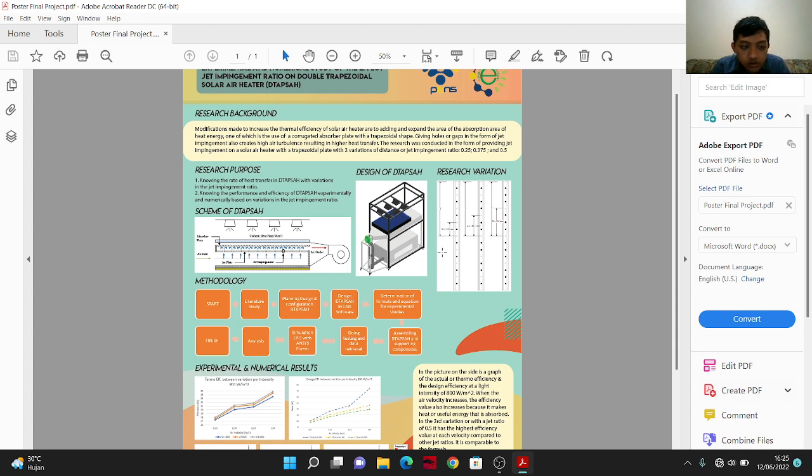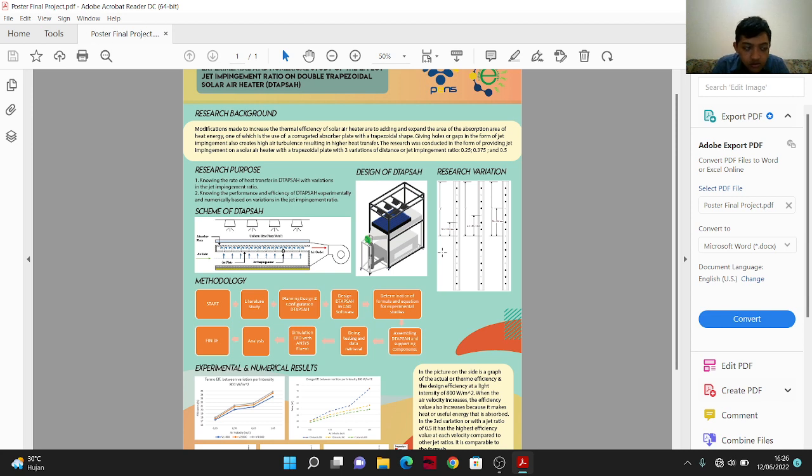After assembling is done, we do testing and data retrieval. After that, we do the numerical study.